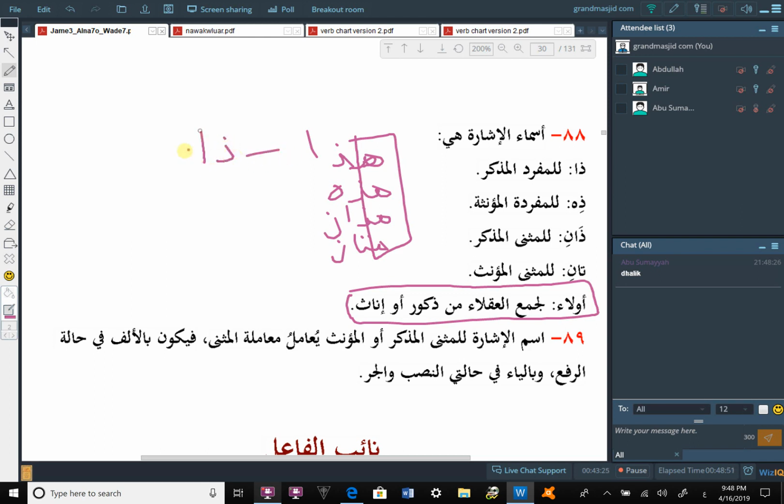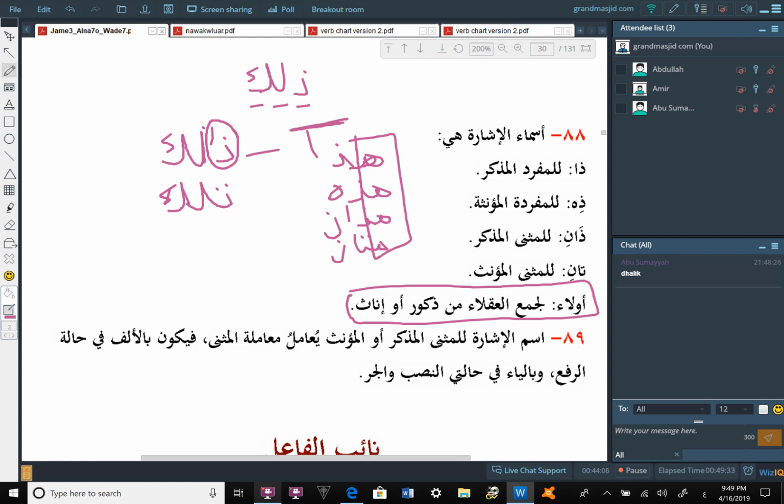Dhalika. Now, this is actually dhalika, and we have tilka. The point here is this is the same as hada. But this dhalika is actually three parts. It's one word to us, but it's actually three parts.